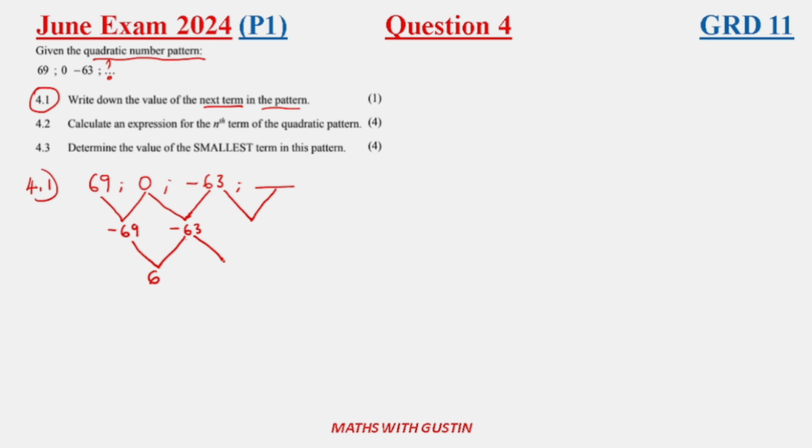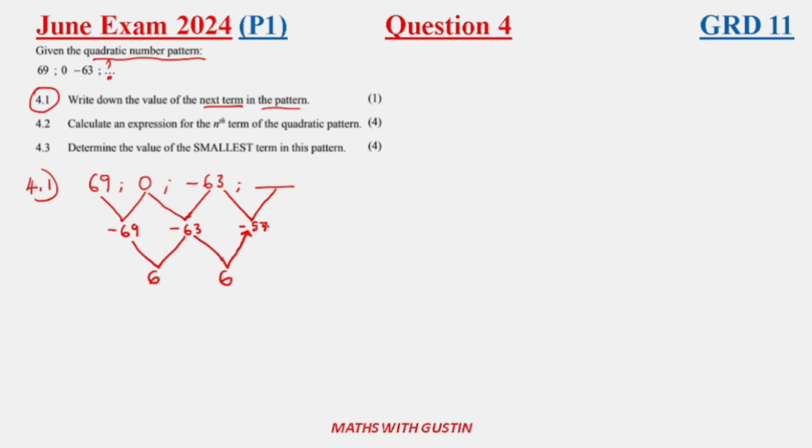If this is a quadratic, therefore here you have a common second difference of 6. So it's going to be 6 plus negative 63, which gives us negative 57.